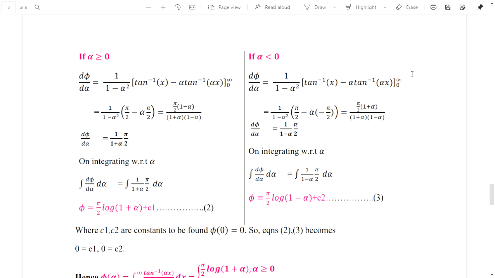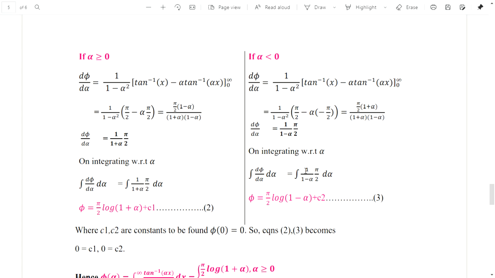That's why tan inverse of minus infinity is minus pi by 2. So minus alpha into minus pi by 2 we will get. So minus into minus becomes plus. So pi by 2 into 1 plus alpha by 1 plus alpha into 1 minus alpha. So in this case the 1 plus alpha terms will get cancelled. We will be left with d phi by d alpha is equal to 1 by 1 minus alpha into pi by 2. But we have to find the phi value.